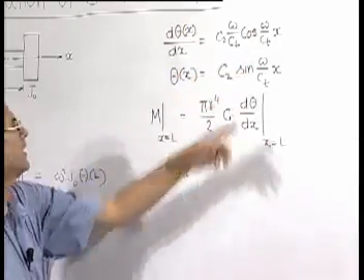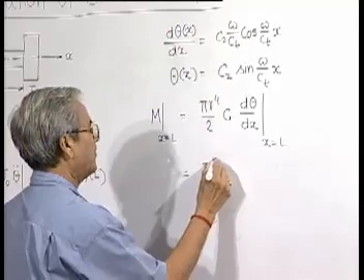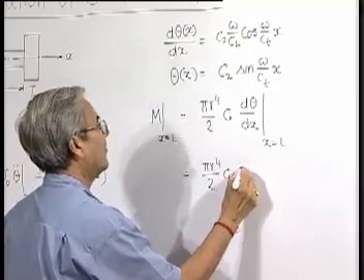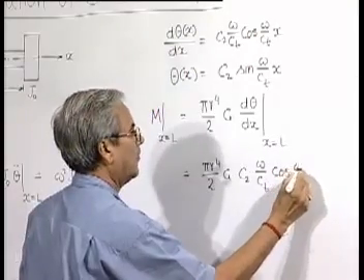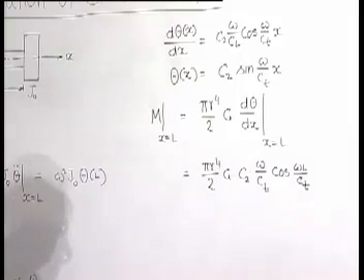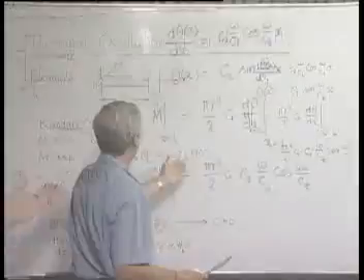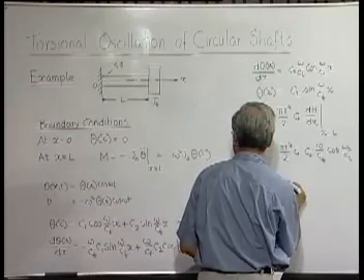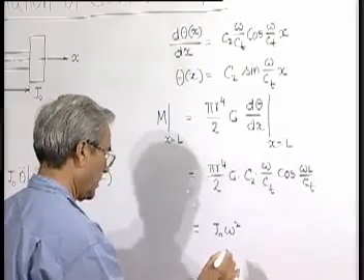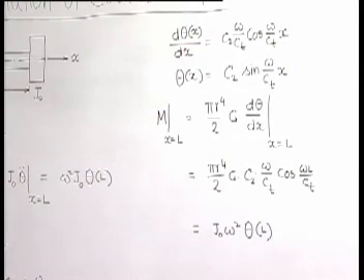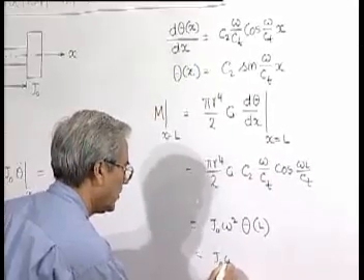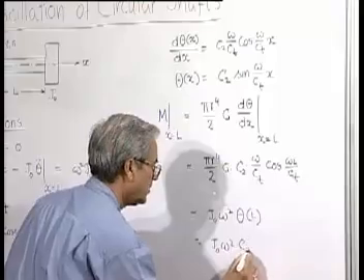So if you put x is equal to L here, what we get is, and this we have found out already, which is equal to J0 omega square theta L, and theta L will be nothing but C2 sine.